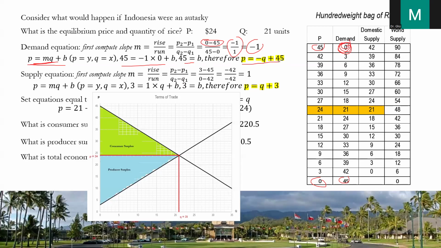We want to do the same thing for the supply equation that we have right here. Let me clean this up a little bit. So we have 3 minus 45 over 0 minus 42, which is negative 42 over 42, which is positive 1.